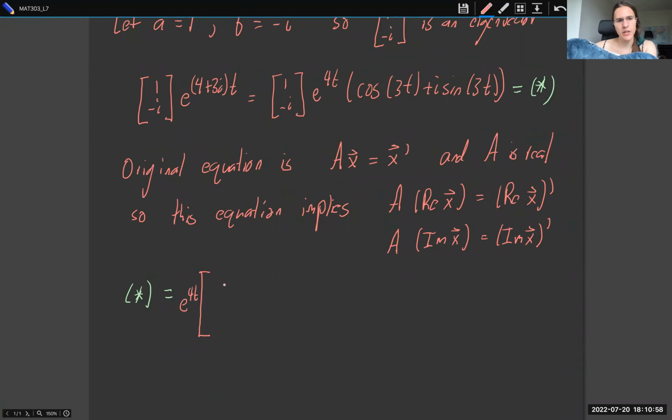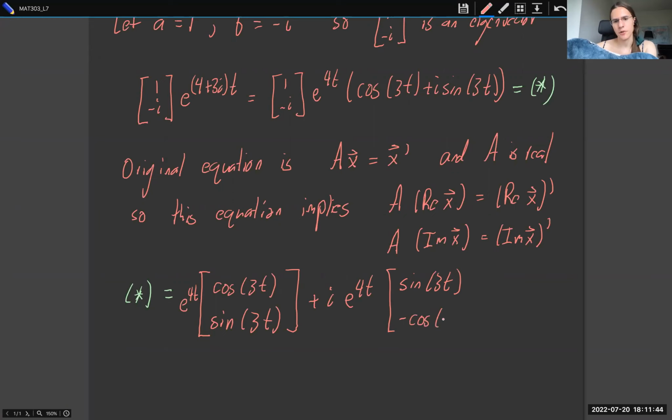Then we get cosine 3t, then in this component, i times i is -1, so minus sine of 3t, plus i e to the 4t times this term, sine 3t, and this with minus cosine of 3t.